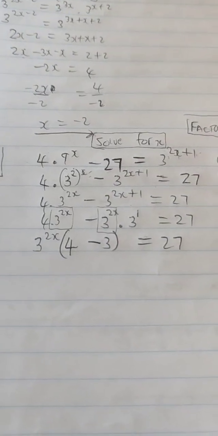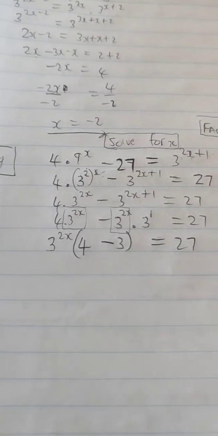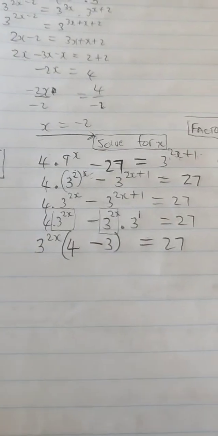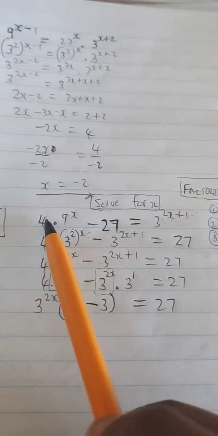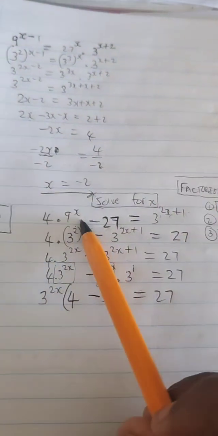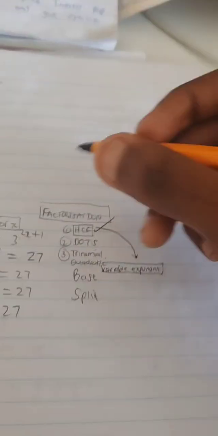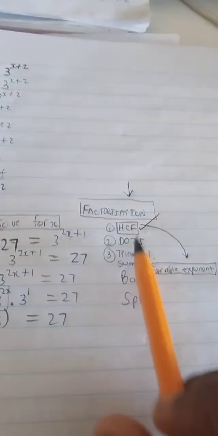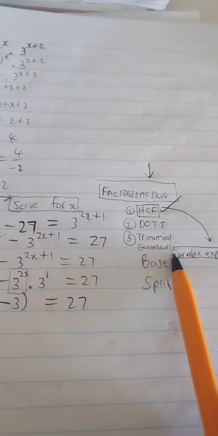I hope we are together here, guys. That is why I was speaking about the fact that when we have more than 2 terms separated by a plus and a minus sign, that says to you there is a particular type of factorization that you are going to have to apply.